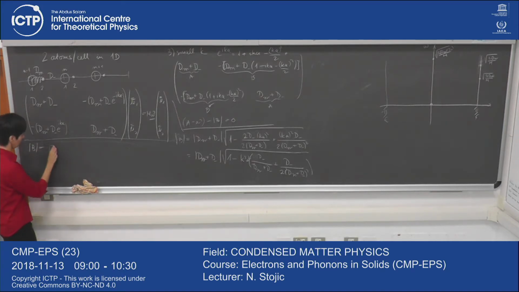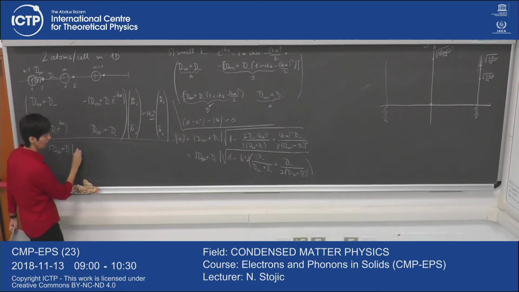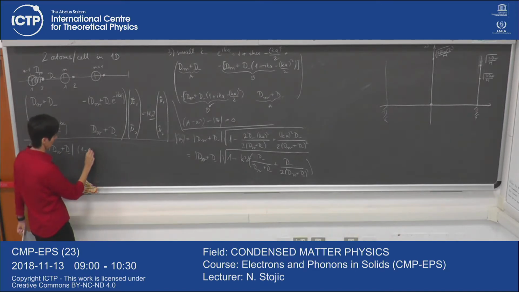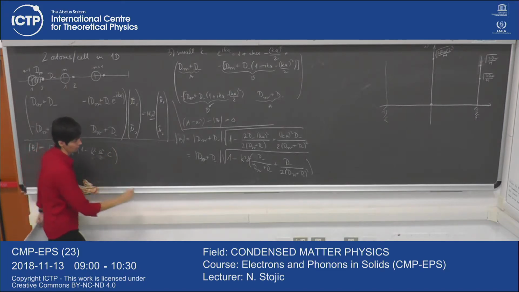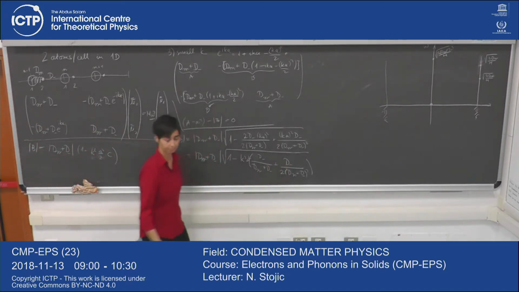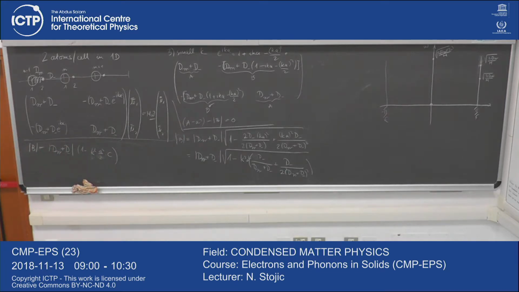It is equal to strong plus the weak times 1 minus 1/2. Let's put k squared, a half, and then some constant. This is a finite constant, but k small.